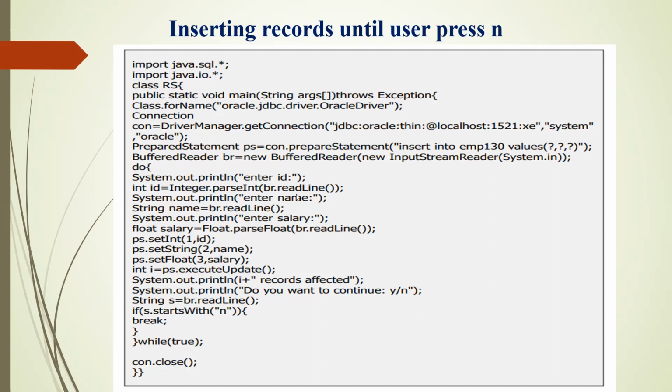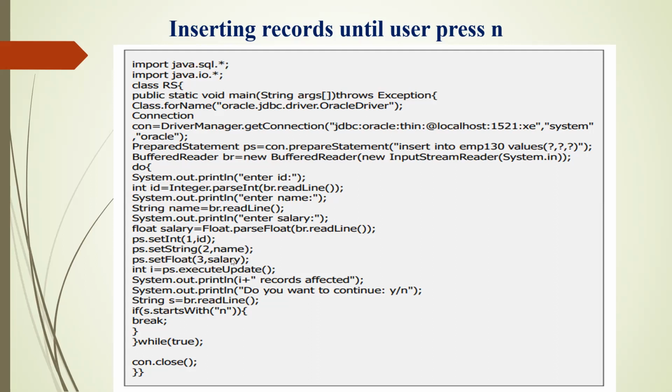After we input these three values, with the help of the statement insert into emp130 values, we gave the name PS. ps.setInt(1, id). Whatever we input, 101, 102, will be stored in the first place. Then ps.setString(2, name).